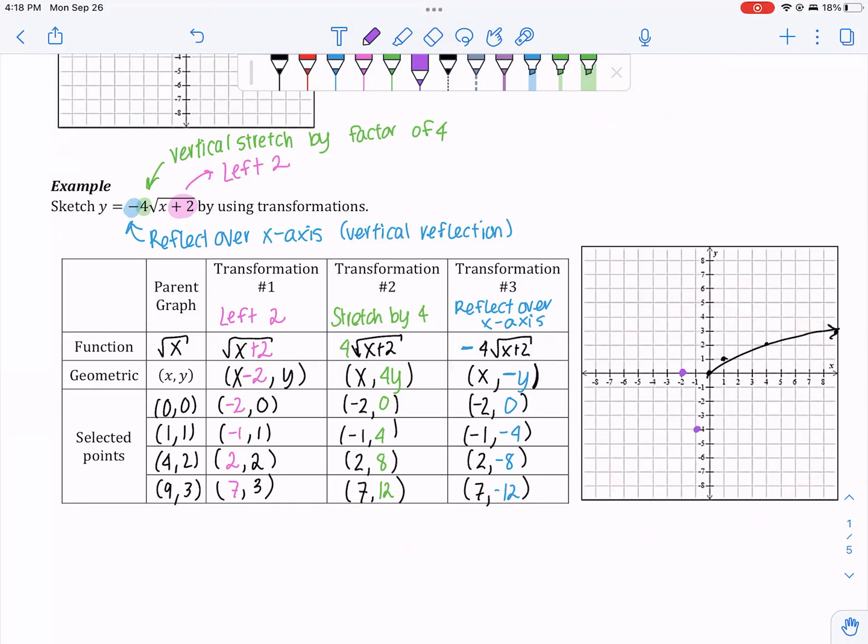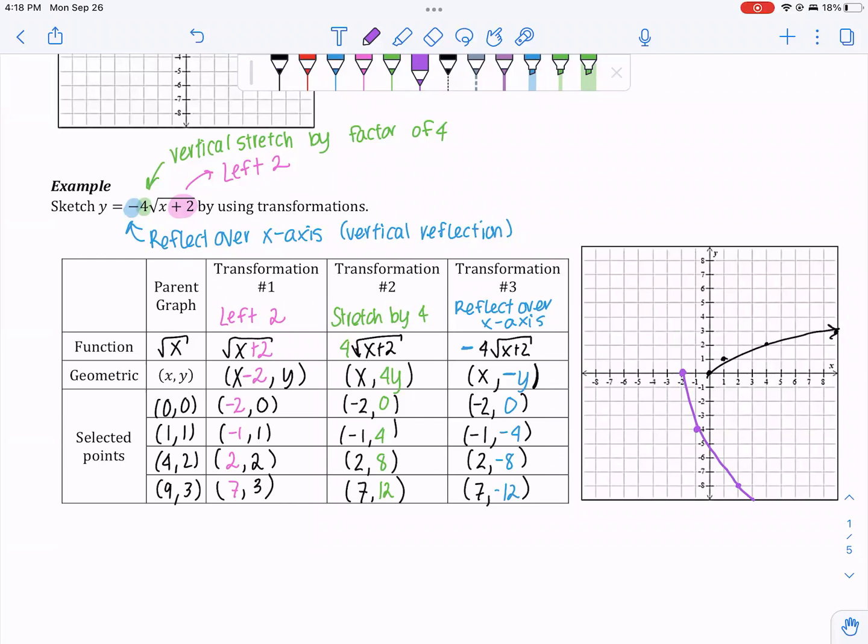We have (2, -8). That's all we can do, and it's going to look like this.